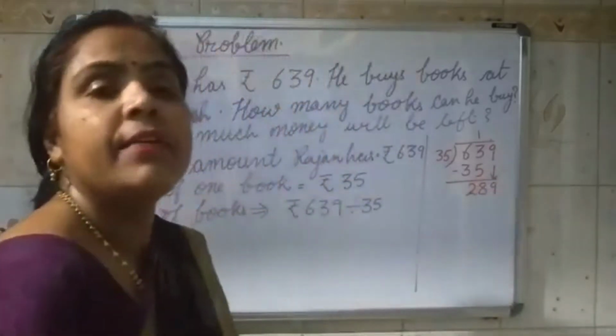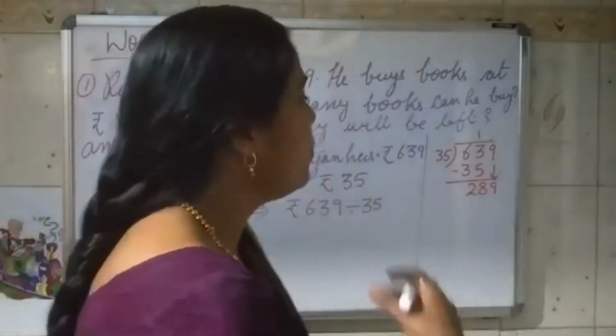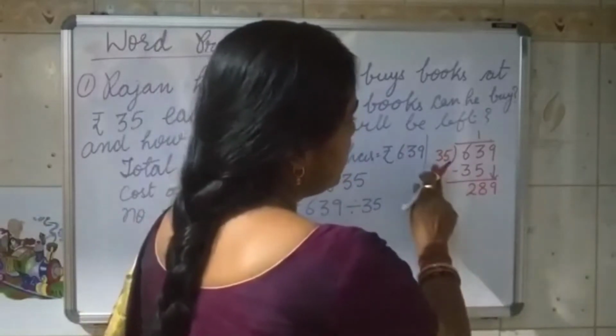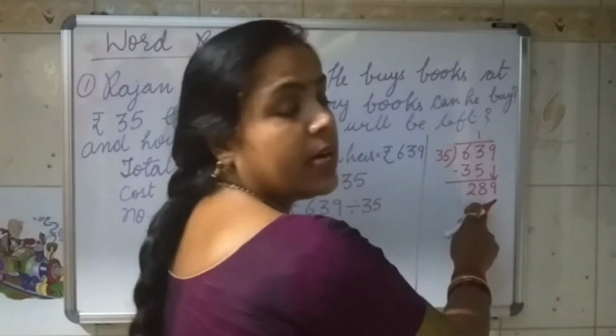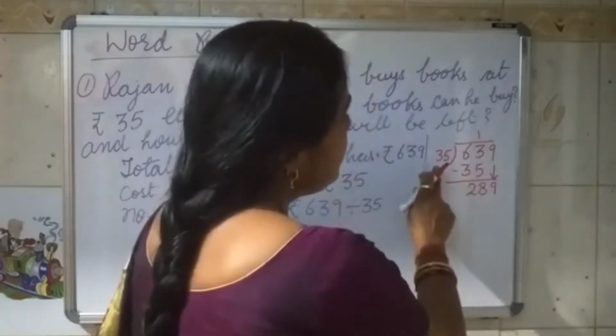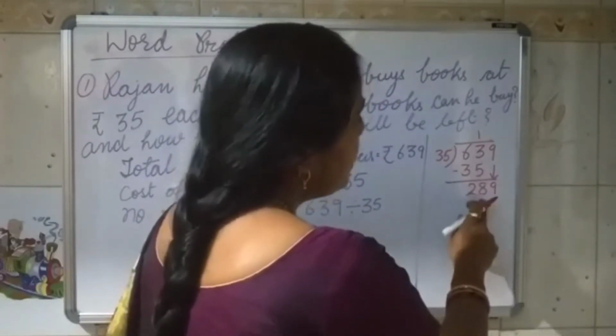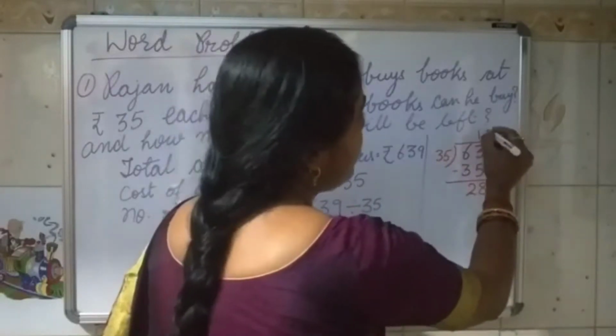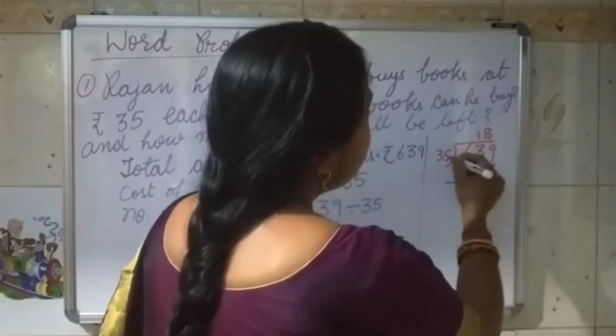Now if you don't know the 35 table, you have to go for the next. So 3 7s are 21, 3 4s are 12, sorry, 3 9s are 27. Okay, so if 9 times, it will come more than 289. So I will go for 8 times.